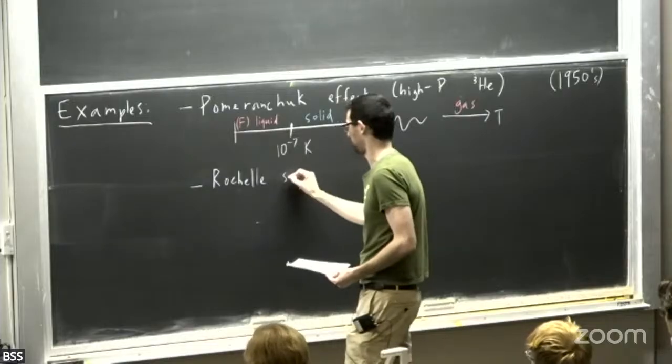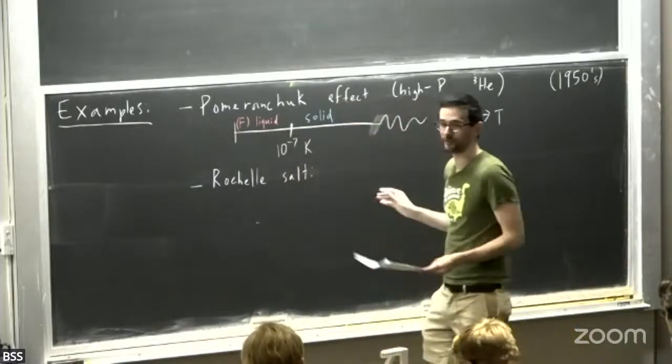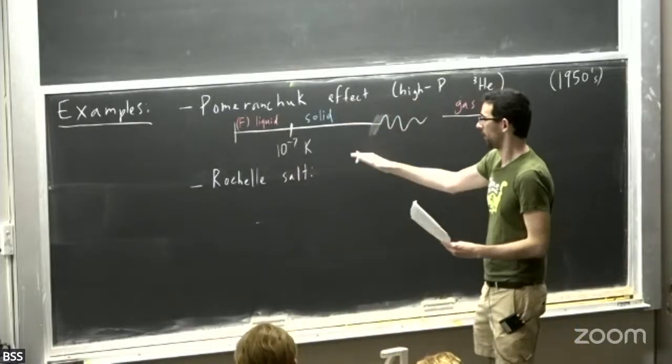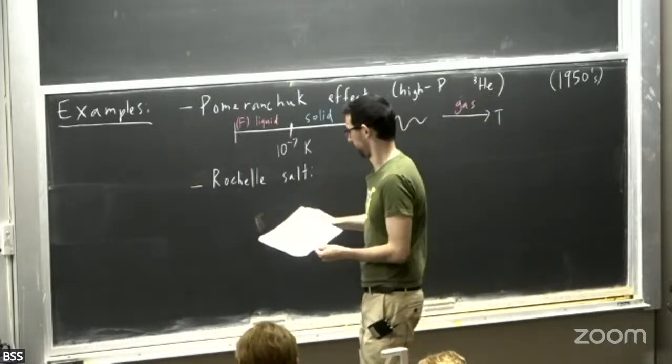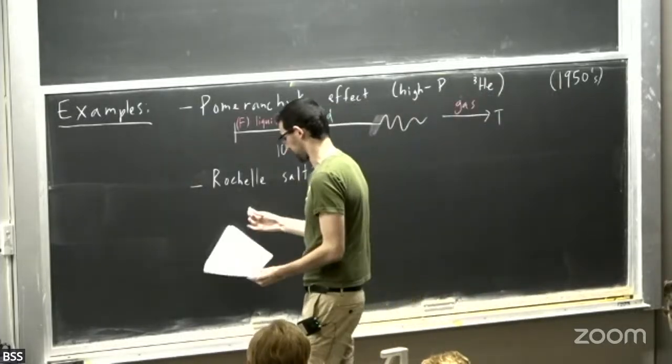So there's a compound called the Rochelle salt, or maybe a family of compounds. I'm not good with jargon, but it's some nasty chemical formula, and it's a crystal.